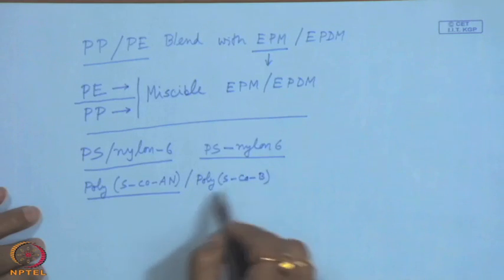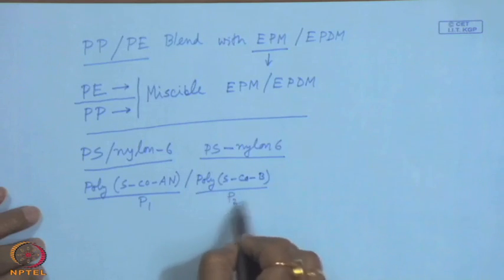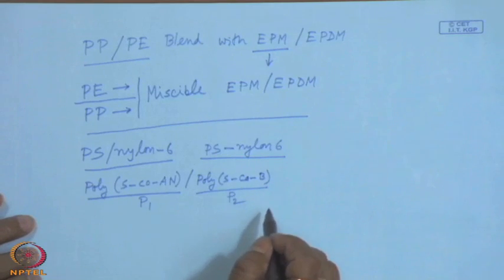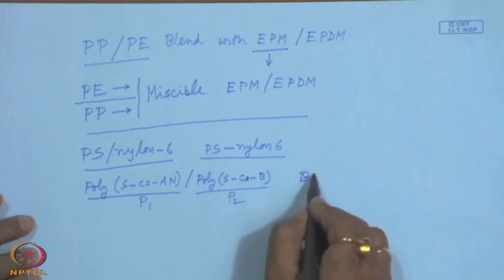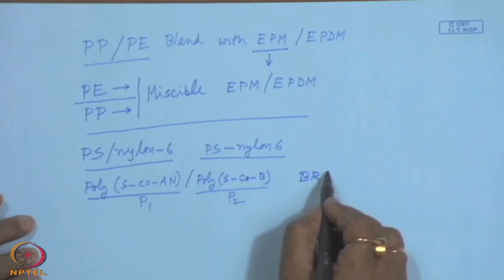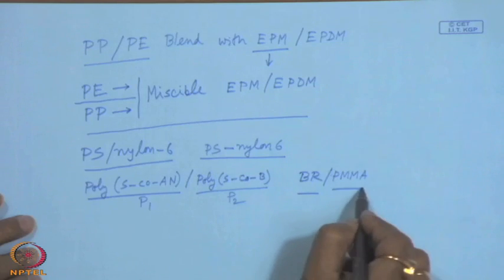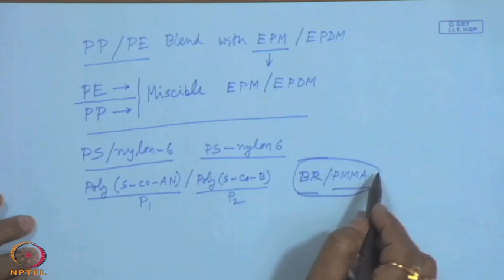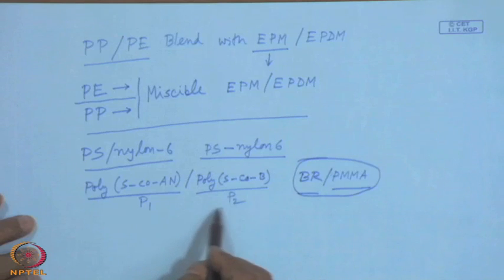So, these two polymers as component polymers P1 and P2 can form a very good blend if one takes blends with butadiene rubber PMMA block copolymer, block of butadiene followed by block of MMA. So, this is a block copolymer. Such block copolymer can act as a compatibilizer between these component polymers P1 and P2.